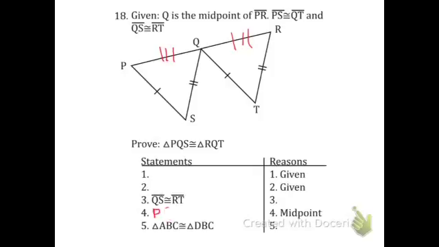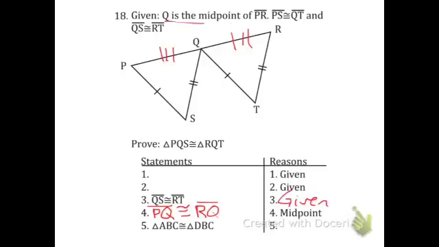Fill it in my little chart here. I wish I could draw a circle that ended where it started. PQ is going to be congruent to RQ. QS congruent to RT. That's actually part of our givens.